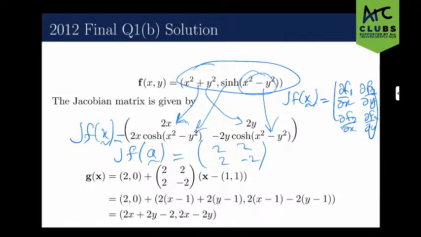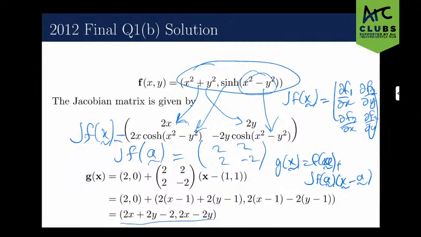And so g of x, remember, g of x equals f of a plus the Jacobian at a times x minus a. That's exactly what this is. Expand, simplify, and you should get this. So that's an affine approximation. Okay. Everyone good with that as well?